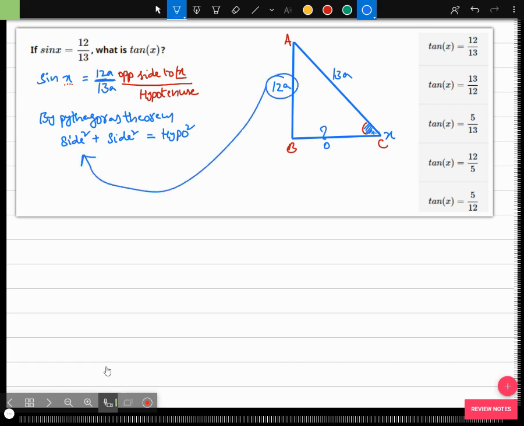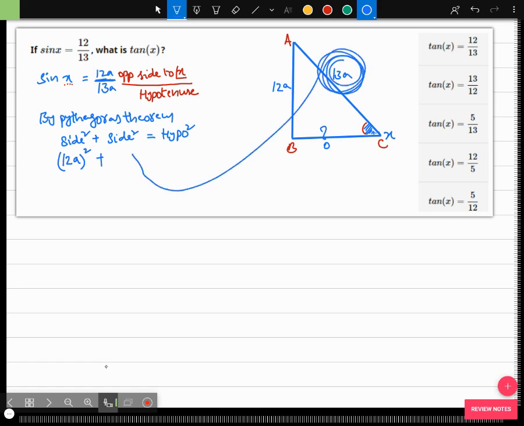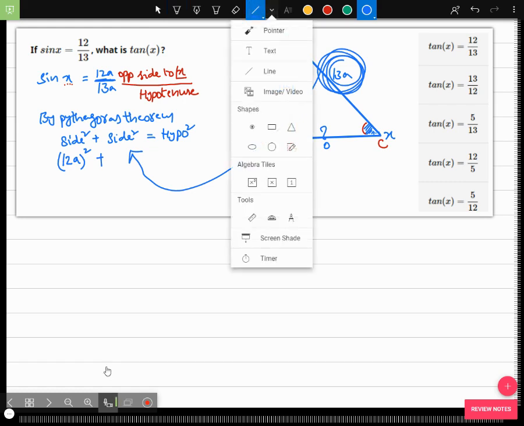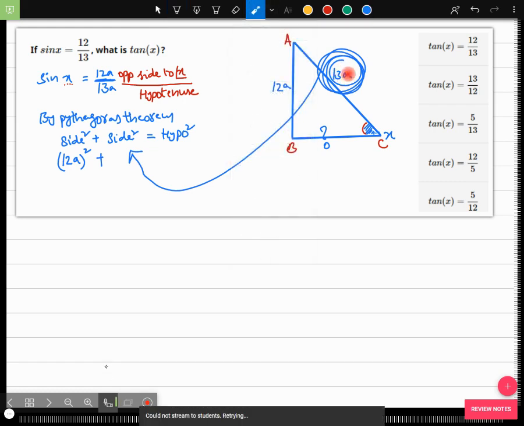So side square means here I am taking this one, which is 12a squared, plus, please do not take this one as the side square because it is not a side, it is the hypotenuse, the side opposite to 90 degrees.